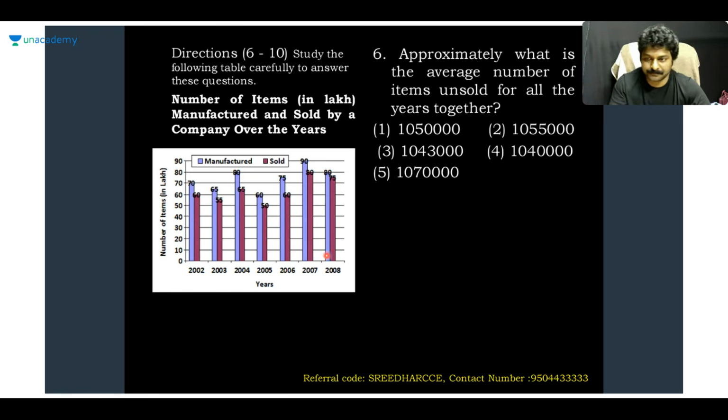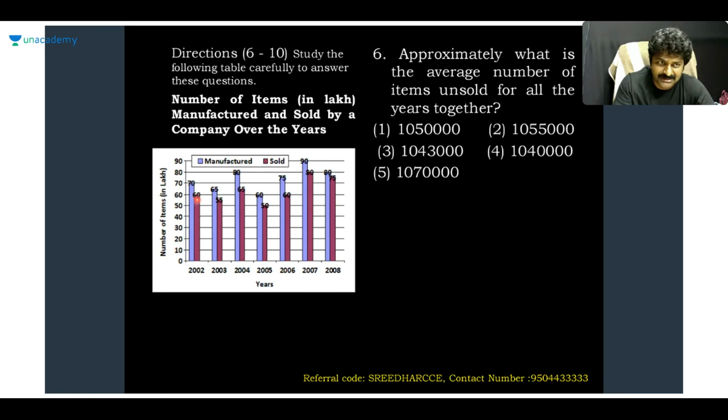Now, number of items manufactured and sold by a company over the years. 2002 to 2008, we have total 7 years data, manufactured and sold, both are there. Now, approximately what is the average number of items unsold for all the years together? Unsold in the sense difference between manufactured and sold.